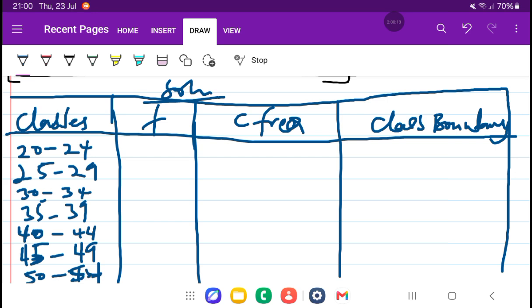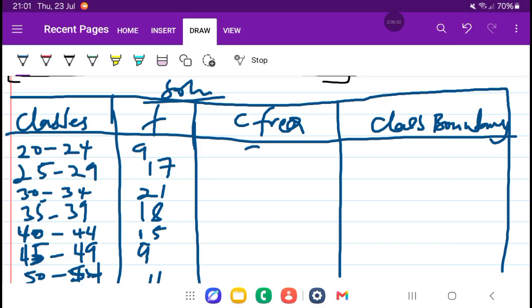So we put the frequency. This is 9, this is 17, this is 21, this is 18, this is 15, this is 9, this is 11. So we get the cumulative frequency.